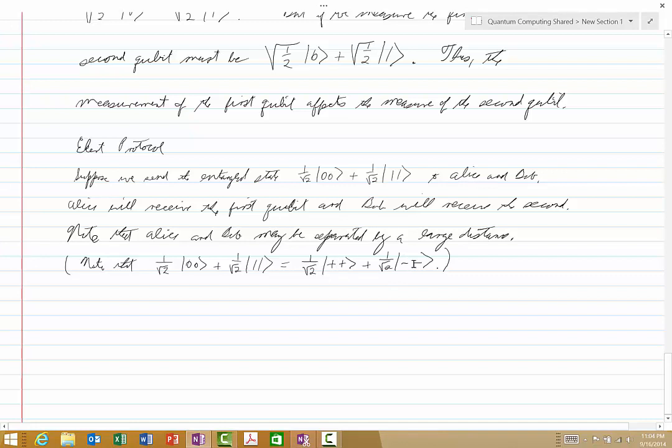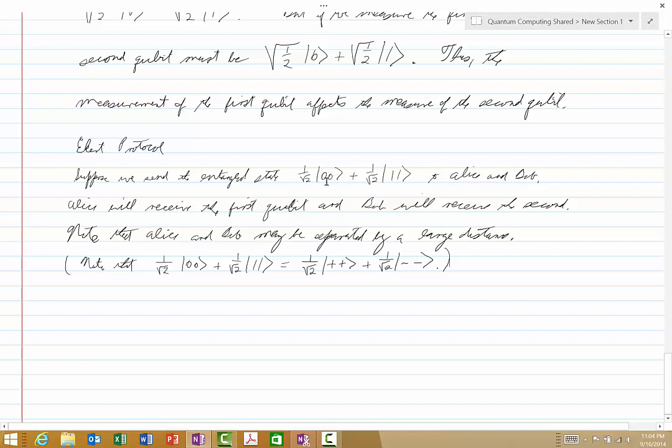However, and this is the key part, if Alice measures that first qubit, let me back up.